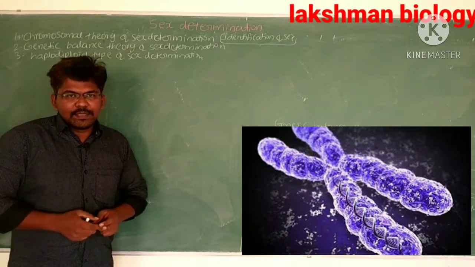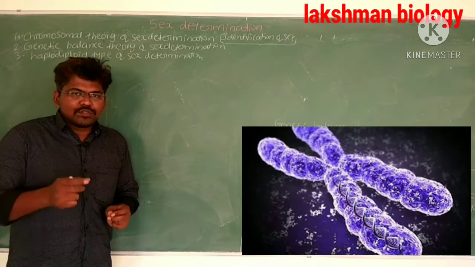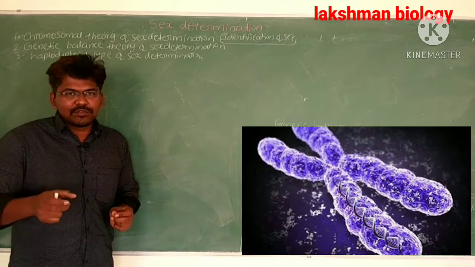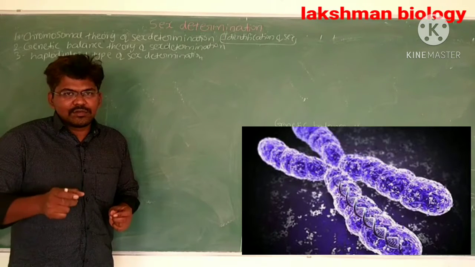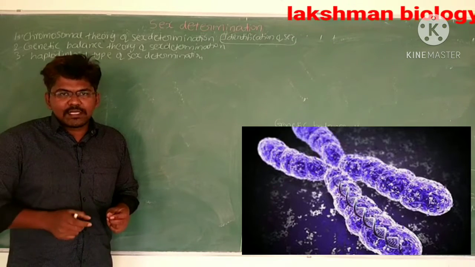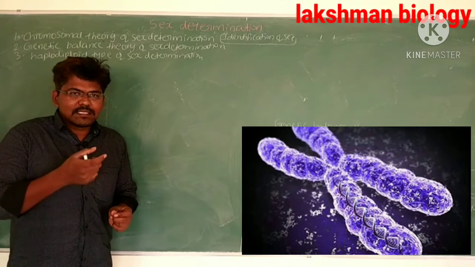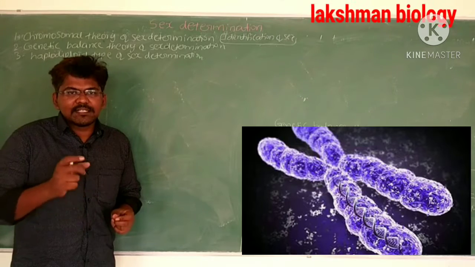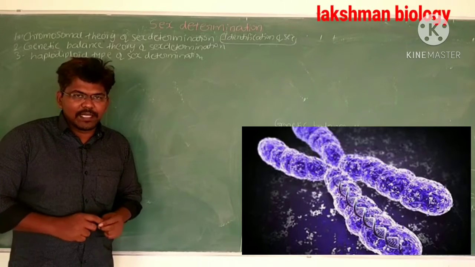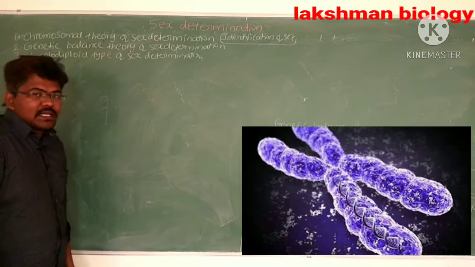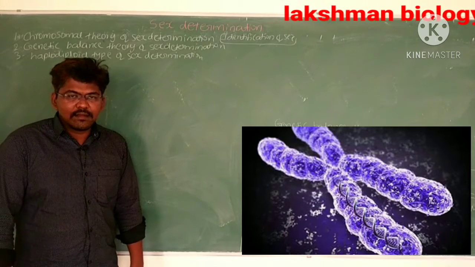Example, in honeybees, the diploid number of chromosomes is 32. If 32 chromosomes are there, it becomes a female. If half, that is haploid, 16 chromosomes are there, it becomes a male. That is the haplodiploid type of sex determination that we can see in honeybees.